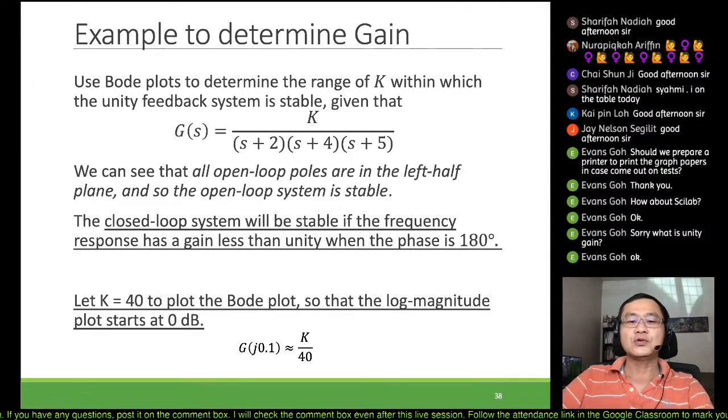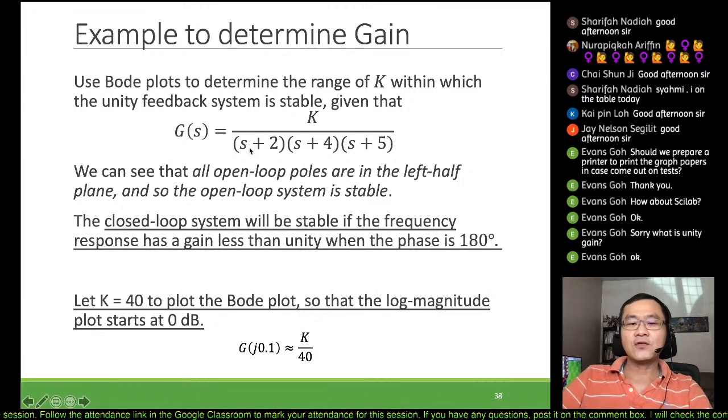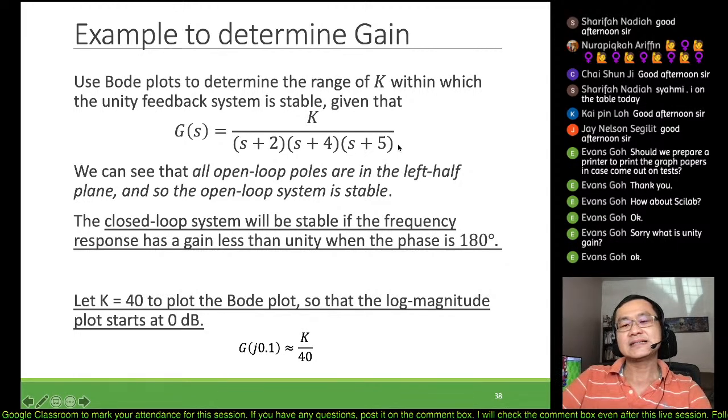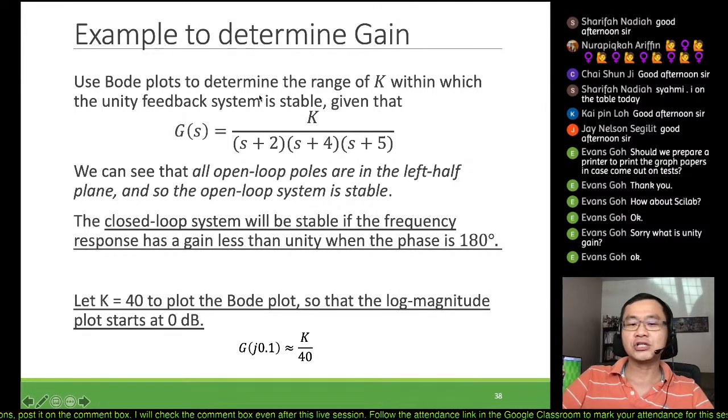Here the transfer function is given as such. If it is open loop, it is very straightforward. All of these poles are in the left half plane and the open loop system is stable. But when this is in a unity feedback system, we are not sure. So how to be sure?